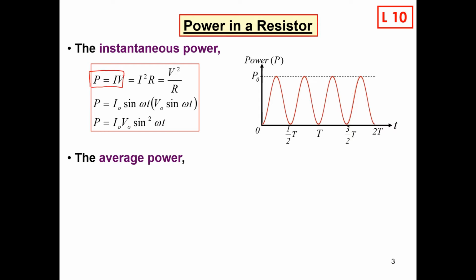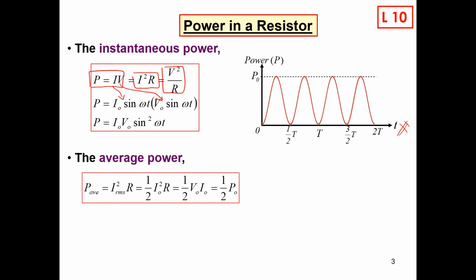Power is also equal to I squared R and also equal to V squared over R. Since the current is I naught sine omega t, and the voltage for the resistor is also V naught sine omega t, multiplying I and V we get I naught V naught sine squared omega t. This is the graph for the power against time for the power in a resistor.